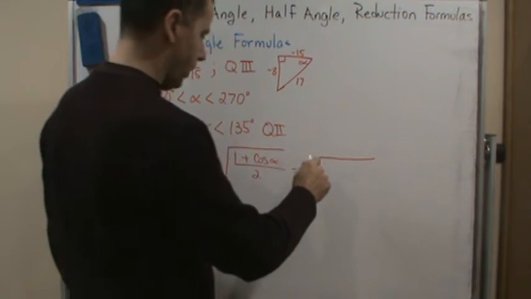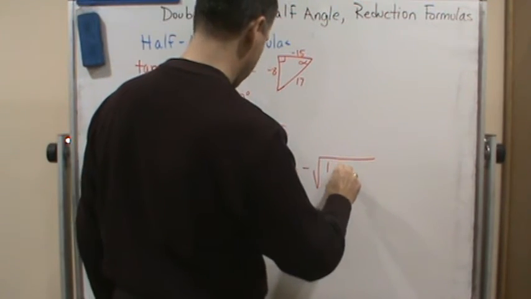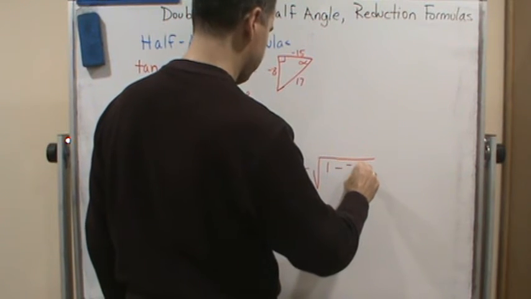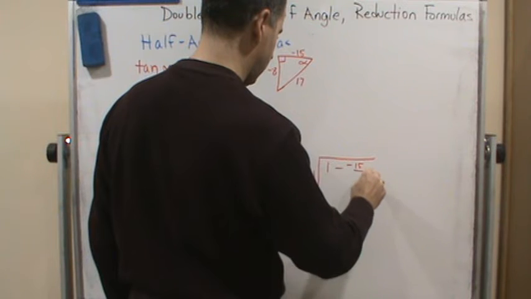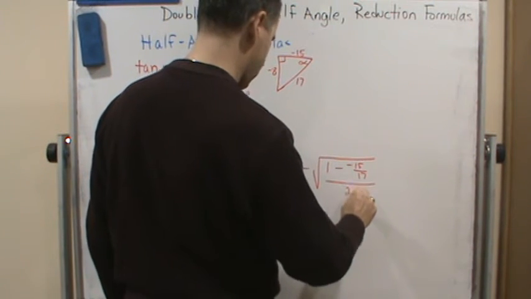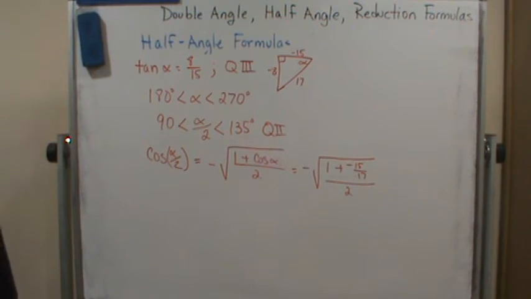Yeah, so what I'm going to do is that's going to be 1 minus negative 15/17 over, plus, okay? So that's what we get.